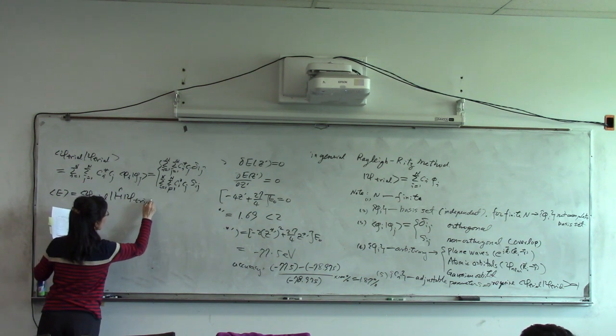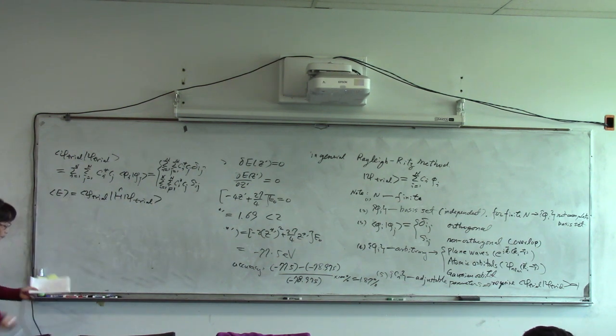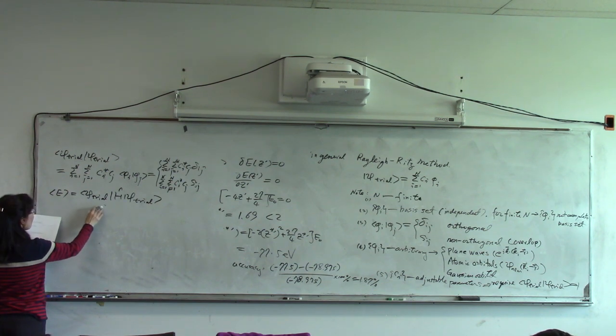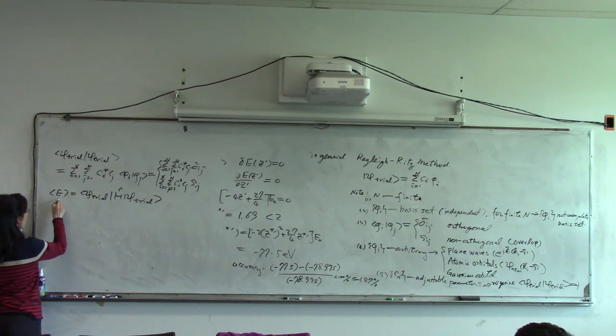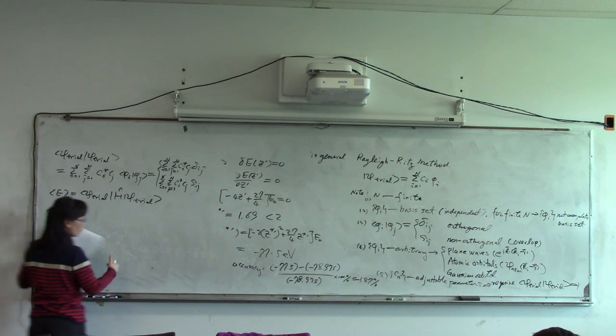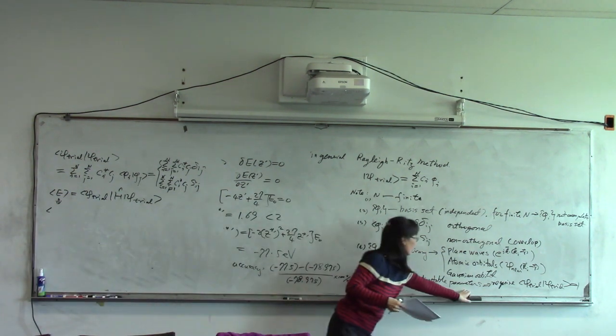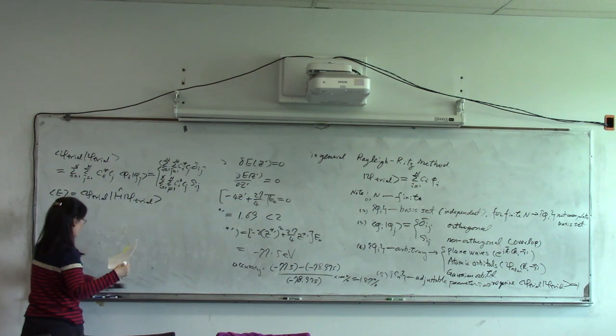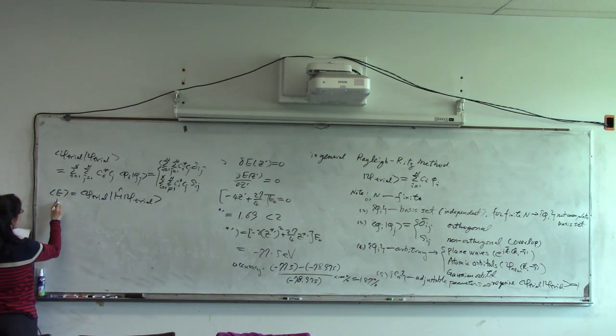The denominator is already equal to 1, right? So that is this one. That is E trial.